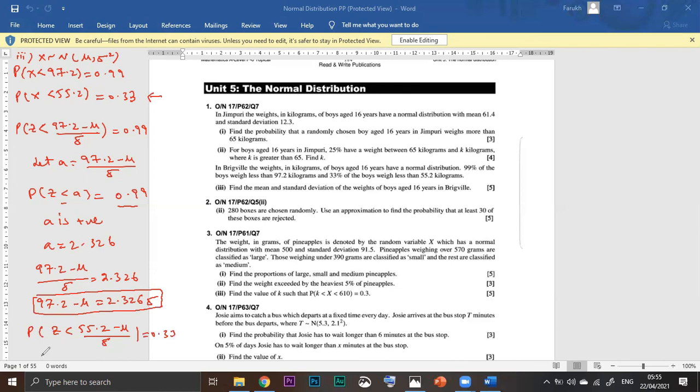We will let the value of z be b: 55.2 minus mu over standard deviation is equal to b. Now we will decide whether b is positive or negative. Now we have probability of z less than b is equal to 0.33. Mila, is b positive or negative?